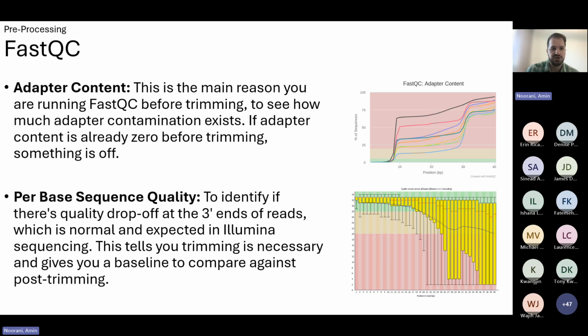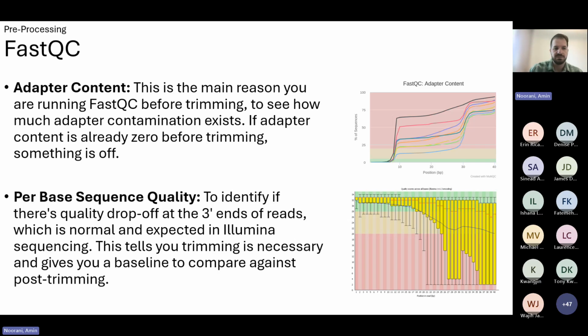So this tells you how much adapter contamination exists. If adapter content is already 0 before trimming, something is definitely off, because we want adapters at these steps. There are sequences of adapters that are known, so you can find them everywhere. Adapters are not random sequences.